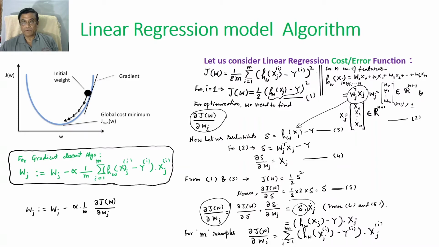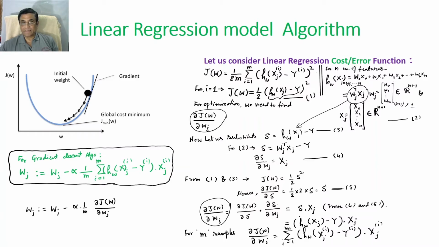This is extremely important and so simple. So now I put the value of S. S is equal to h_W(x) minus y, times xj.